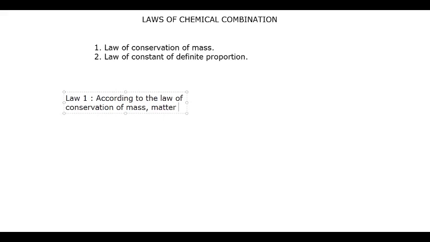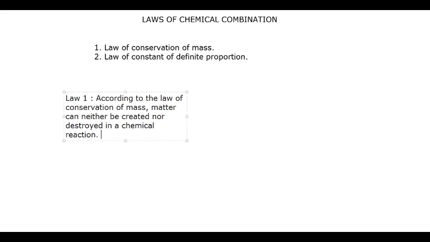So matter can neither be created nor destroyed in a chemical reaction. Okay, so according to the conservation of mass, matter can neither be created nor destroyed in a chemical reaction.